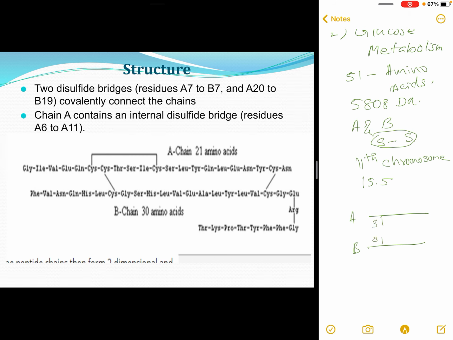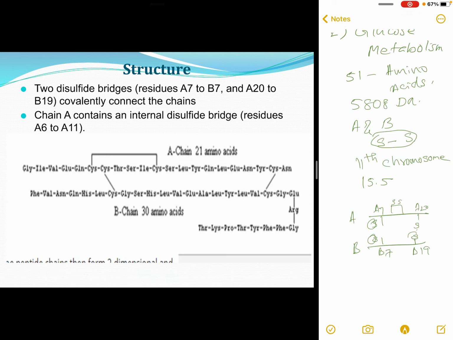One connects the A7 residue to the B7 residue, and another connects the A20 amino acid to the 19th amino acid in the B chain. There is another, an intra disulfide bond in the A chain itself.